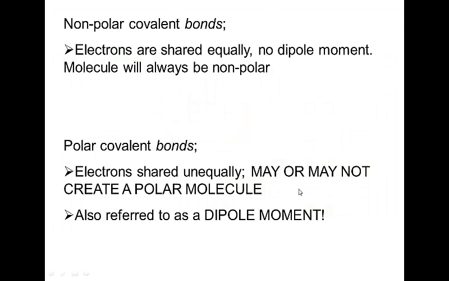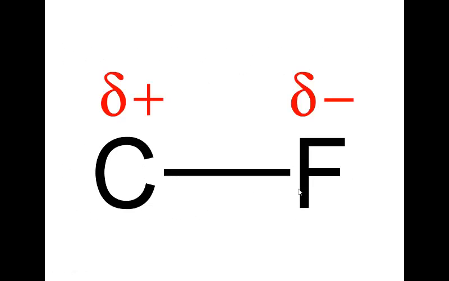All right, again, to just bring it on home, a dipole moment. Fluorine has a larger electronegativity than carbon, based on both position on the periodic table and the electronegativities.